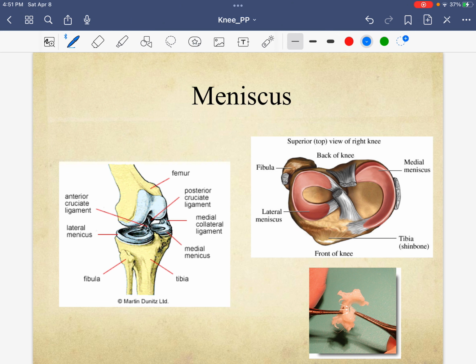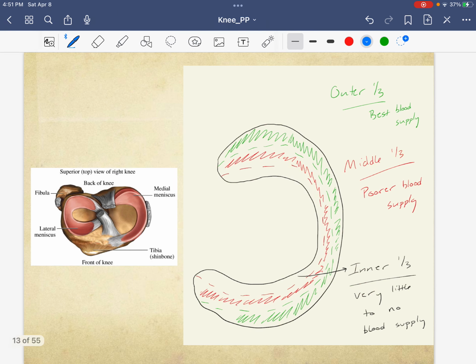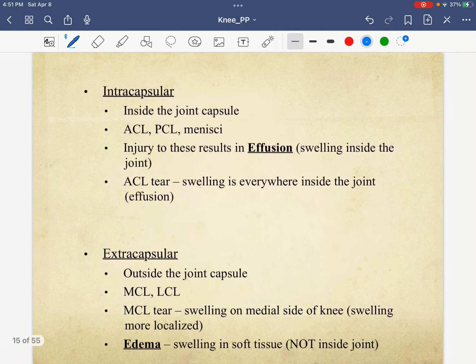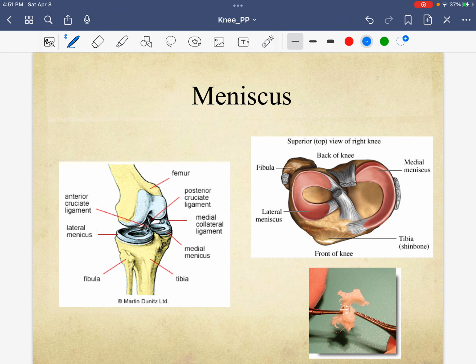So the next thing on here, it says transverse ligament. And I was hoping it would show this in this picture. Let's see, is there one here? I thought I had a picture that showed it. Guess not. All right, well, I can just describe it. The transverse ligament connects the medial and lateral meniscus. We're going to address the medial and lateral meniscus shortly.